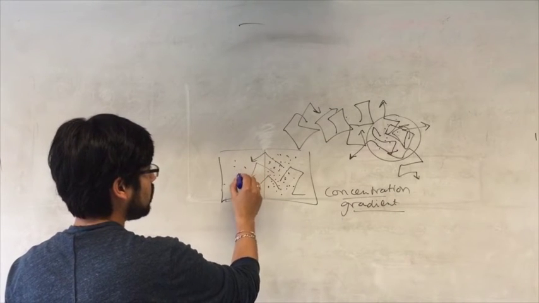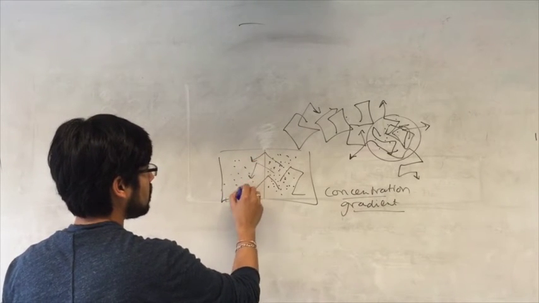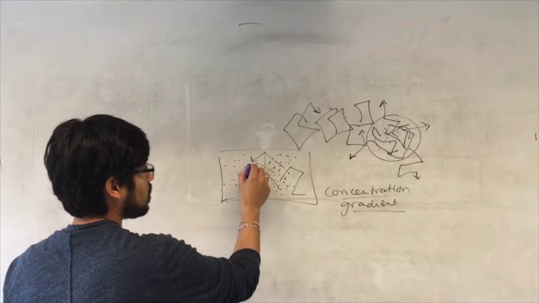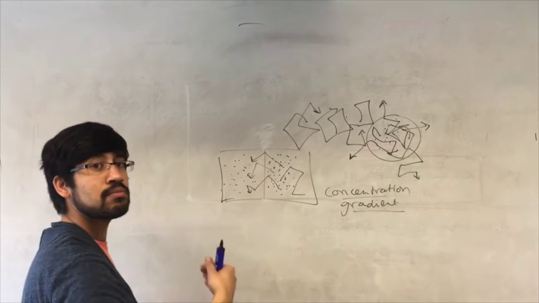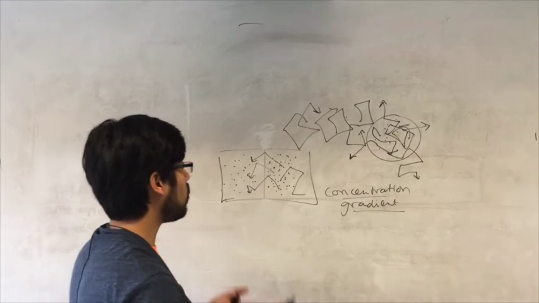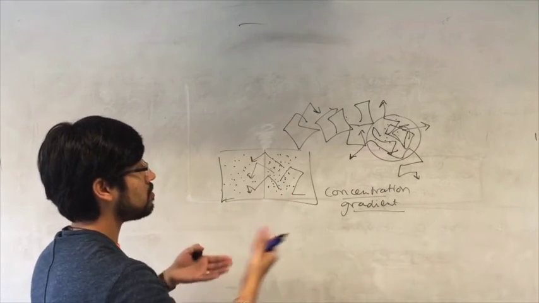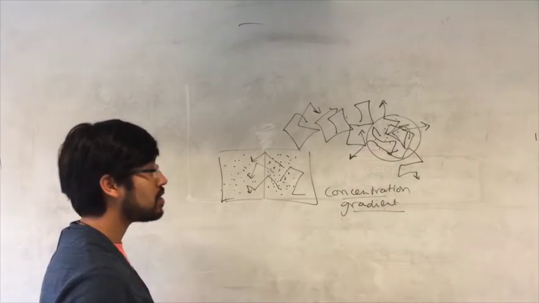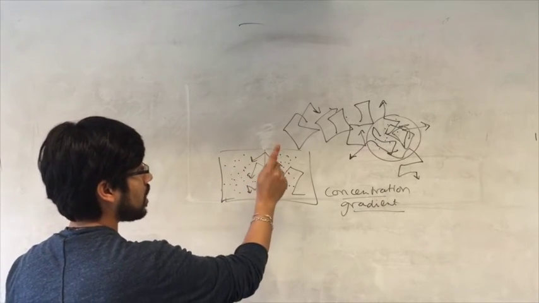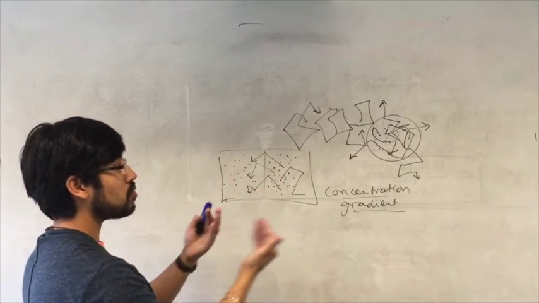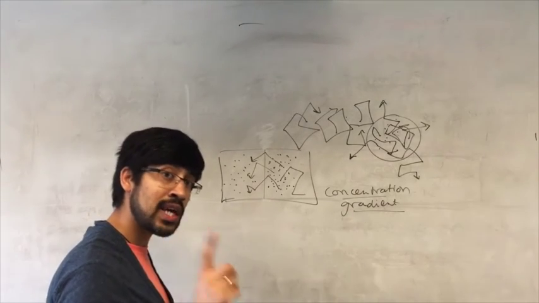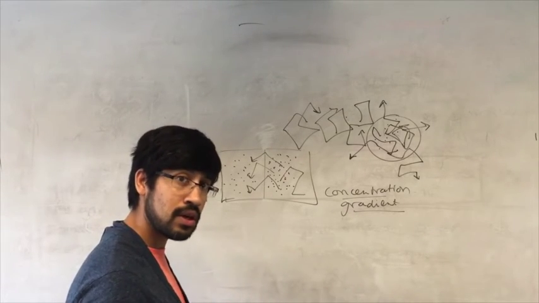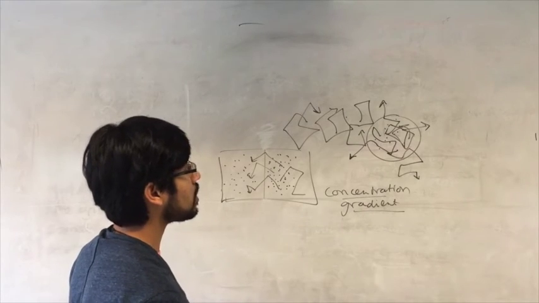But as those molecules start to end up in this region, the movement of things from there to there will get gradually slower until there will be no net movement in either direction. Things will still be going from there to here and from here to there, but overall the concentrations will be the same and there will be no movement. There will be no exchange in terms that are relevant to us right now. Okay?